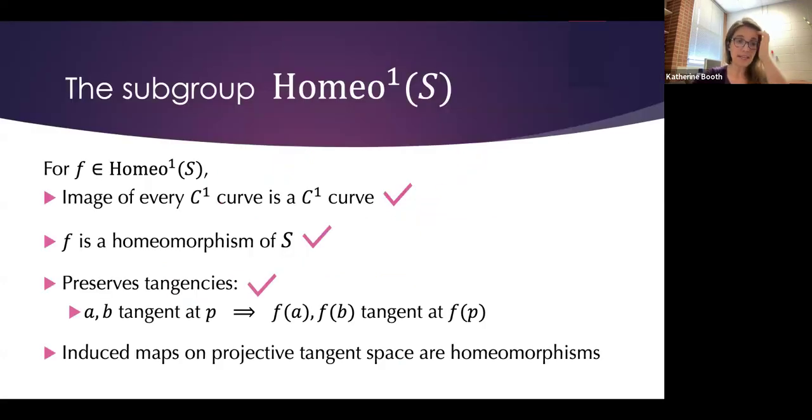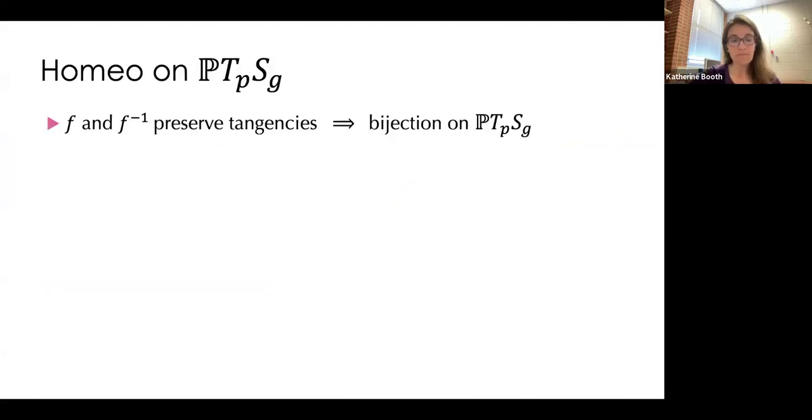All right. Finally, we have getting this induced map on the projective tangent space being a homeomorphism. To do this, the first thing we need to note is that my map F in Homeo1 and my F inverse are both going to preserve tangencies.